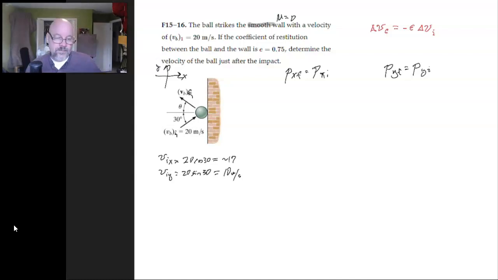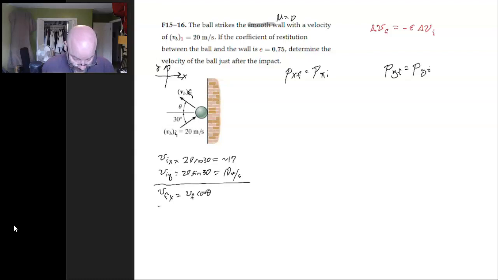All right. We'll get an actual number on it here in just a little bit, but for now we'll just leave it like that. And then what we want to do is say what our final state is. So the final x is going to be whatever the final velocity is times the cosine of theta, and the final y is going to be the final velocity times the sine of theta.